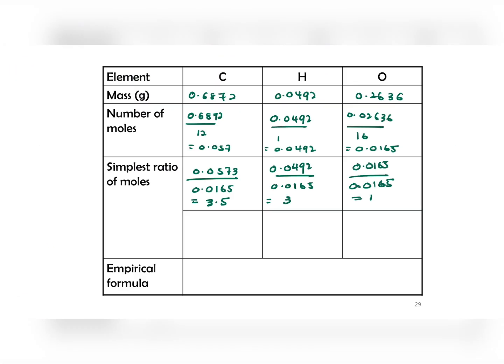Okay, so since your simplest ratio kamu tengok kat sini ada 3.5, 3 and 1. So kita kena tukar dia jadi nombor bulat, jadi whole number. Okay, so kita kena darab semua ni dengan 2 lah untuk bundarkan dia jadi the whole number. So ini akan jadi 7 darab 2, 3 darab 2 jadi 6 and 1 darab 2 jadi 2.